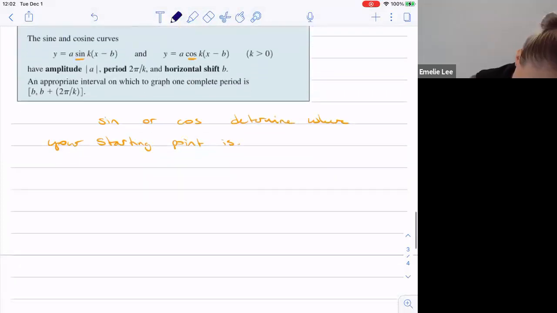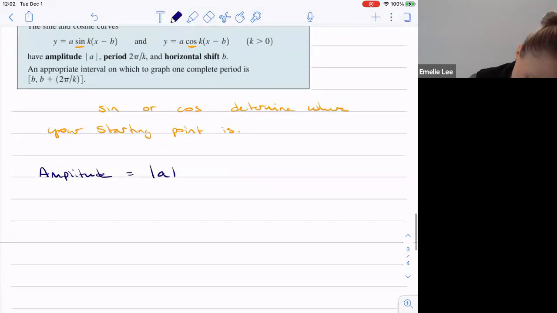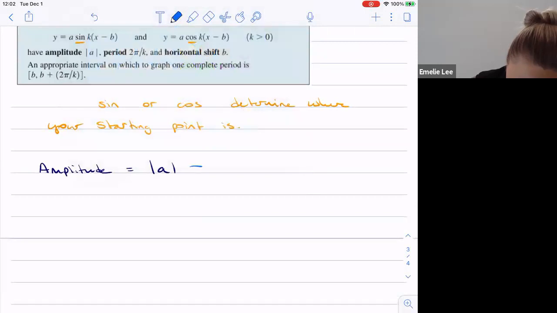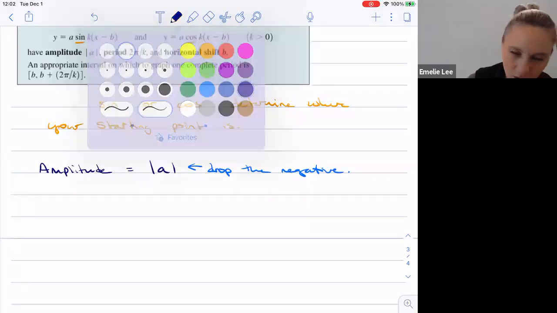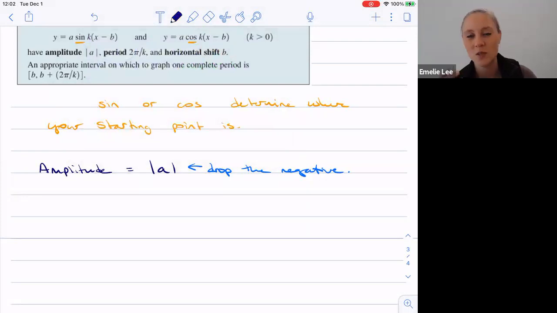So let's just write these out. We've got an amplitude is the absolute value of A, right? Which really just means drop the negative. We know it's more than that. We know it's a piecewise function, right? If x is greater than 0, then you just have x. If x is less than 0, it's negative x, right? But you can just think, drop the negative.